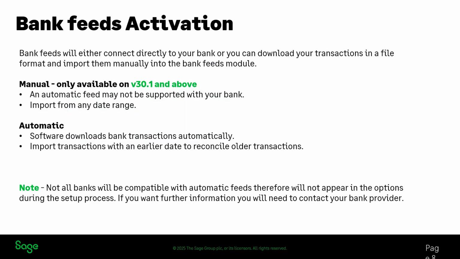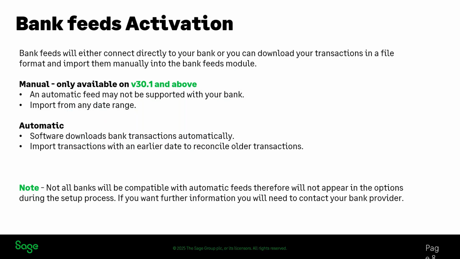As long as they appear in your bank, you can download a list of your transactions, and you can then import them into the software, into bank feeds. You can import any date range for manual, as long as you can get access to those transactions from your bank. With automatic, some banks only allow you to download, for example, the last 90 days. So it's entirely up to you which way you want to go about it. But both options are available as long as you are on version 30.1 and above. And we're going to talk about both of those today.